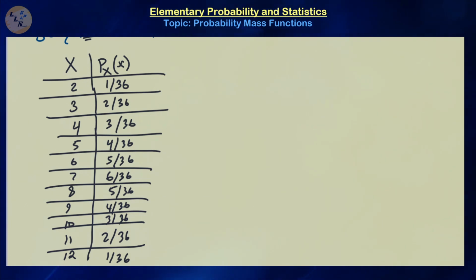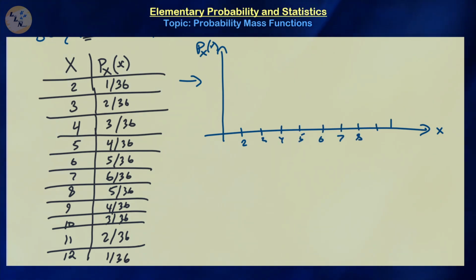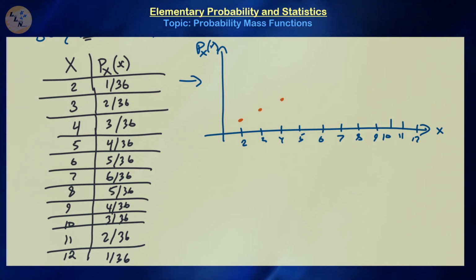Since I have a table of values, I should be able to generate a graph of this. This is going to be x, and this is going to be the probability of those particular x values. So x is going to range from 2, 3, 4, 5, 6, 7, 8, 9, 10, 11, 12. I can graph these fractions, but I'm not going to label the horizontal axes.